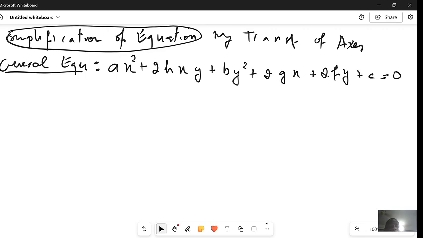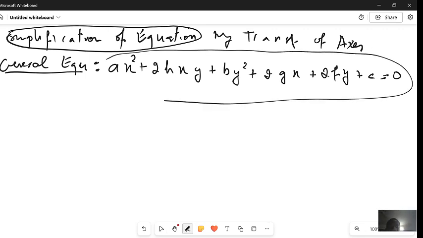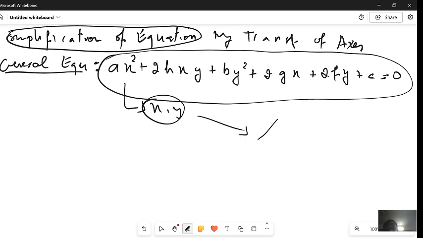Now let's say for example we have this equation, and this curve is in the xy plane. I want to find the equation of this curve in the plane capital X capital Y by using translation.